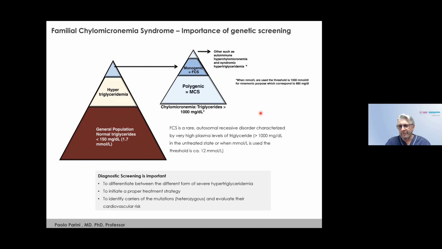Or if it's a polygenic form, it is a combination of different genetic variants. So the chance that all the different combinations, the same combinations, are given to the child is much less.